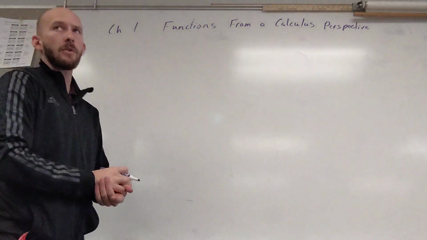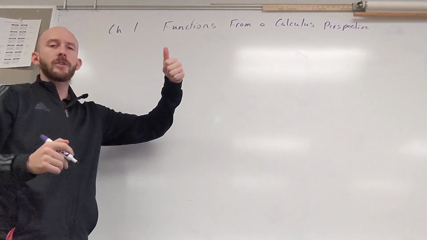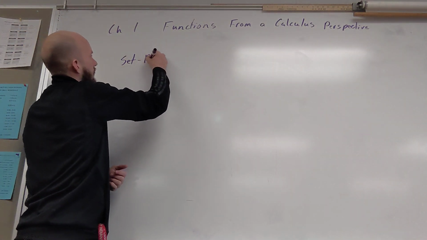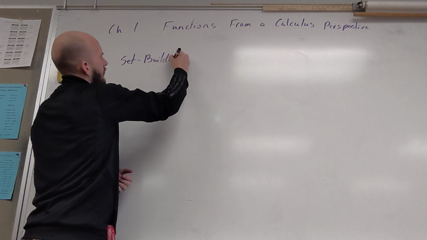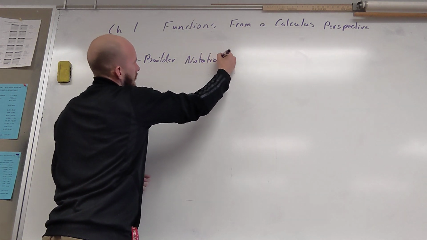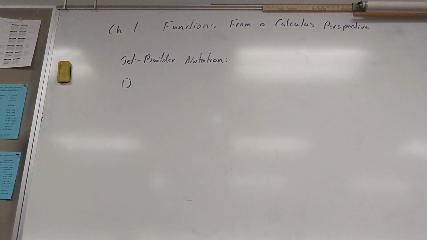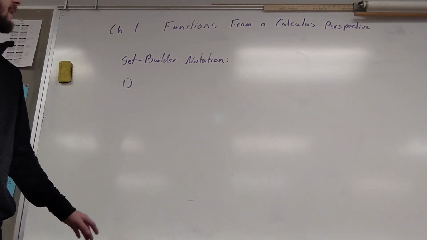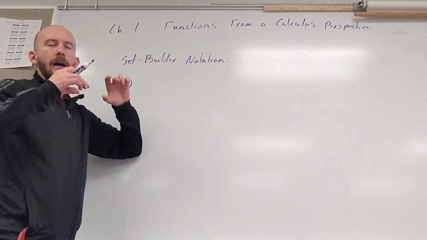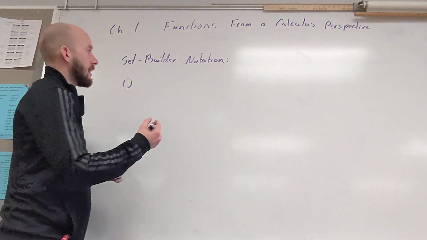All right, so the next thing we're going to talk about, we've got two types of notation to go over. First is going to be set builder notation. Set builder notation is really used to define the characteristics of a set.